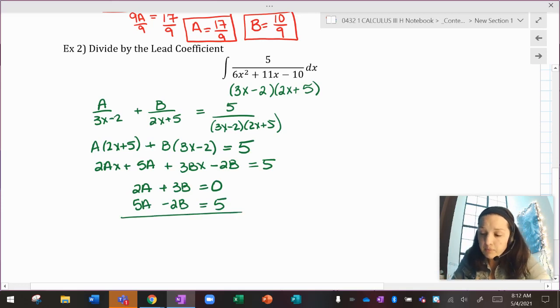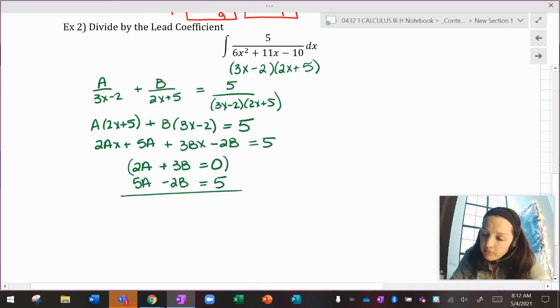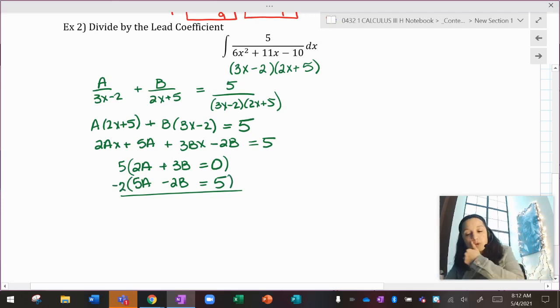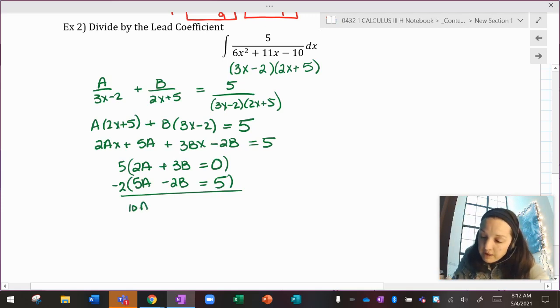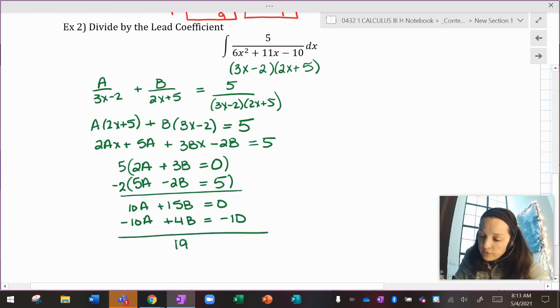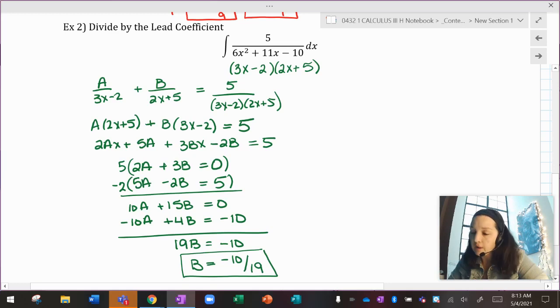Again, this is stacked up pretty nicely, so I'm going to multiply the top equation by 5 and the bottom equation by -2, which is going to give me 10a plus 15b equals 0, and -10a plus 4b equals -10. So 19b equals -10, making b equal to -10/19.